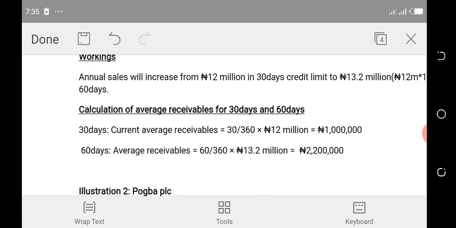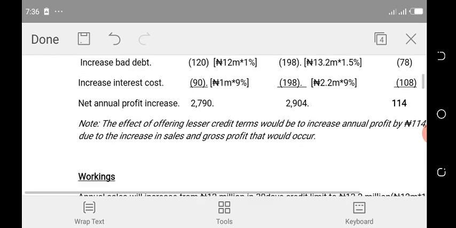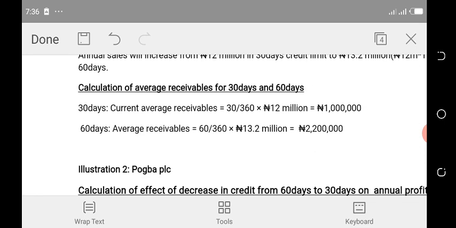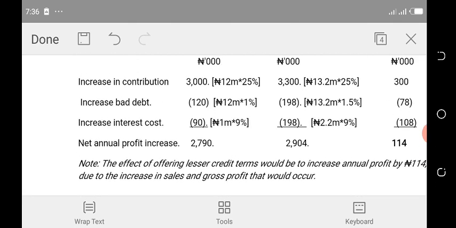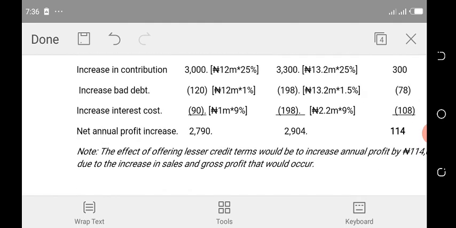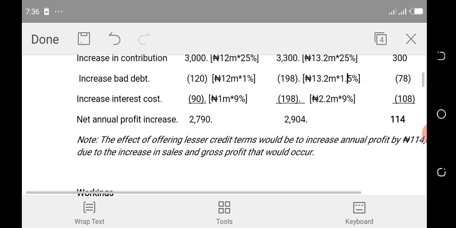So for 30 days, our trade receivable is 1 million, while for 60 days, our trade receivable is 2.2 million.